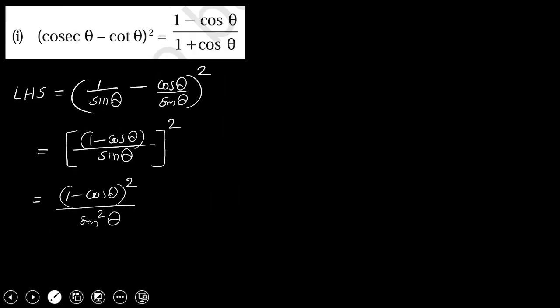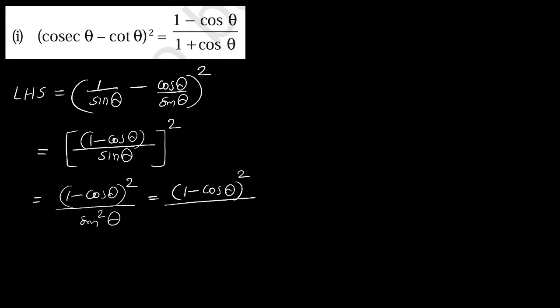So here you can see sin square. Numerator I don't want to expand. Denominator is sin square. We studied one identity: sin square is 1 minus cos square.